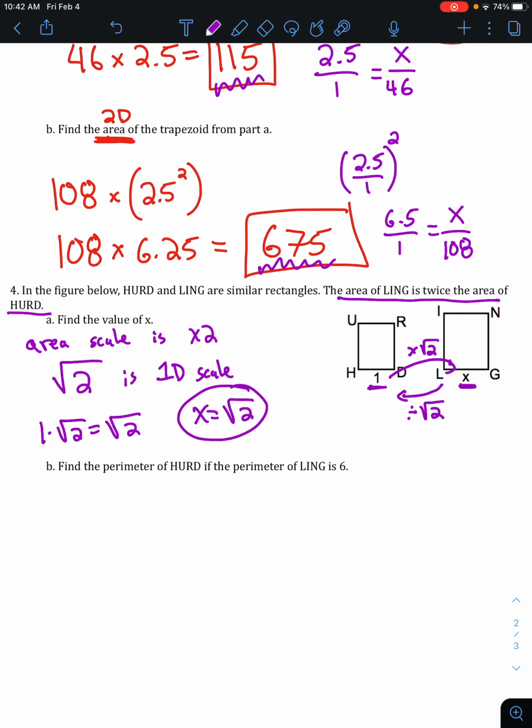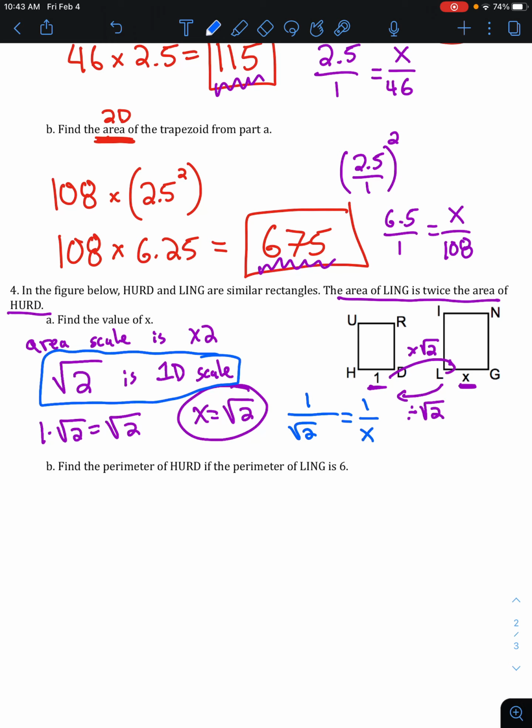We can also choose to solve this by using a proportion. So if I know that square root of 2 is my 1D scale factor, right, the perimeter, or the side lengths, are 1 over root 2 compared to 1 over x.